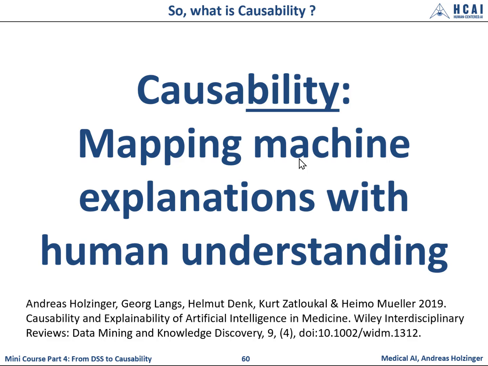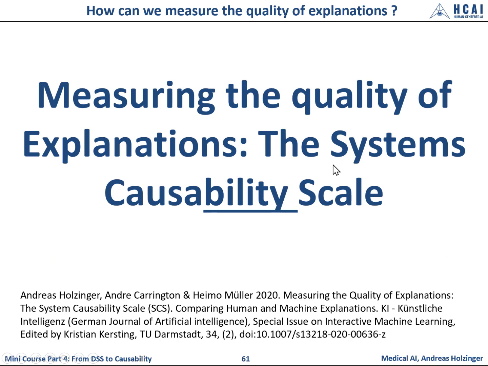And now it will become totally clear why I built this up step by step, this context of use and this mapping and all these measurements. Remember, mapping comes from cartography, and this mapping is central for us and brings us now to the key point: how to understand and how shapes can be explained. And this is measuring the quality of explanation. For these reasons, we have developed the System Causability Scale.